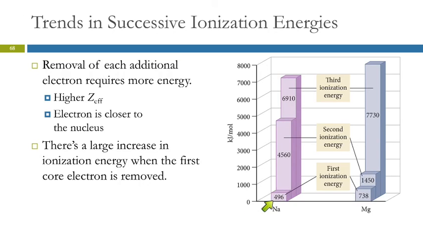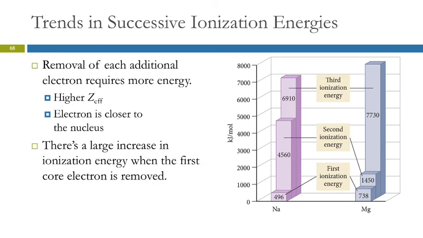So for sodium, the first electron comes off, it requires 496 kilojoules per mole. The second one, 4,560 kilojoules. It's huge. What happened here is for sodium, when I took the first one off, that was that valence electron.